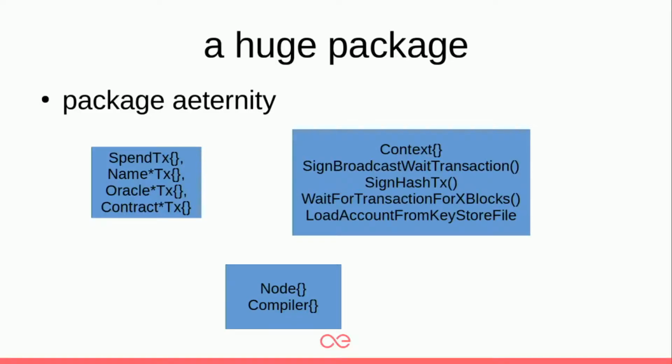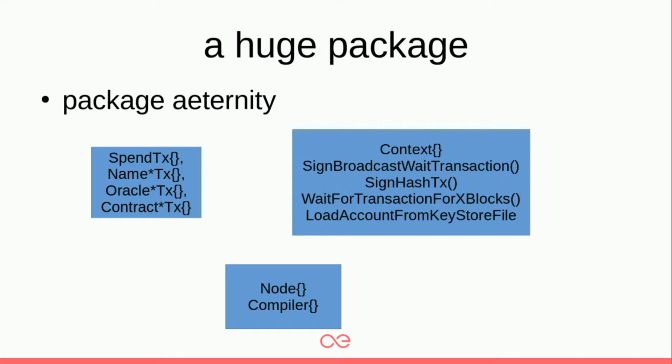So to help you do all this transaction creation, signing and broadcasting, we have a very huge package called aeternity. It includes everything. Over here, we have the transaction structs. These are like models for the transaction.